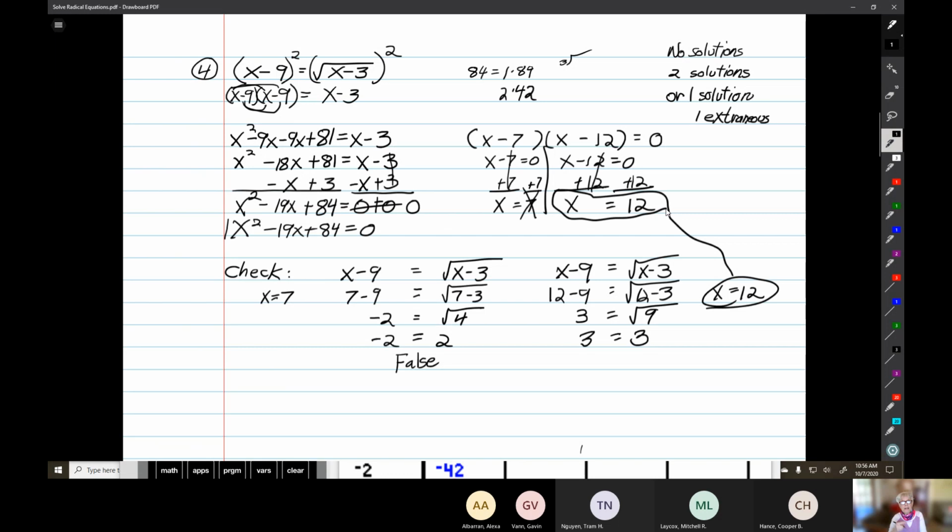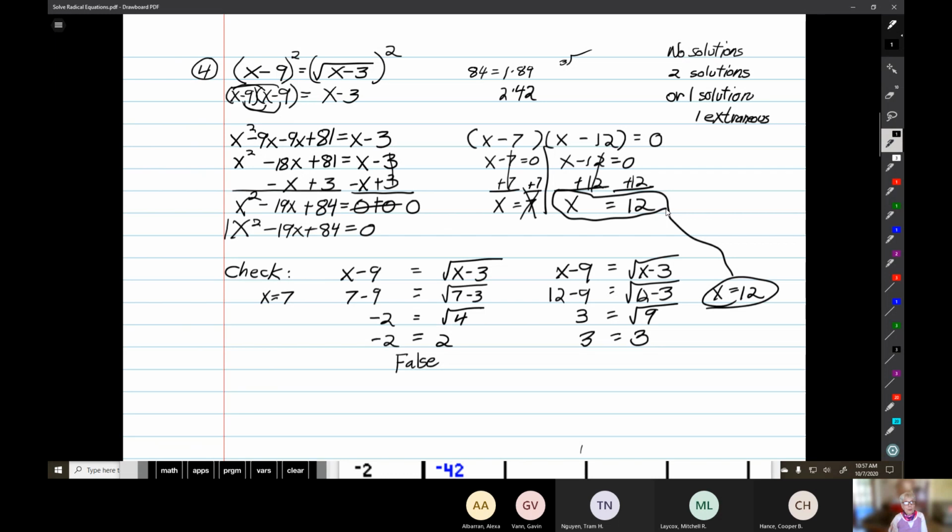And if you put 7, 12 in the answer box in MyMathLab, your whole problem will be counted wrong rather than half of it being counted right. So be aware of that. You have to check, even though I agree with you. If you're saying you hate to check answers, I hate to check answers.